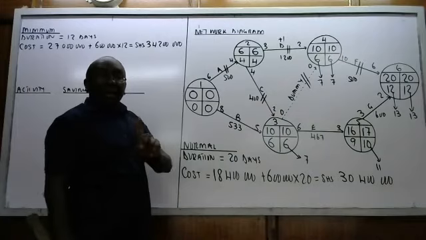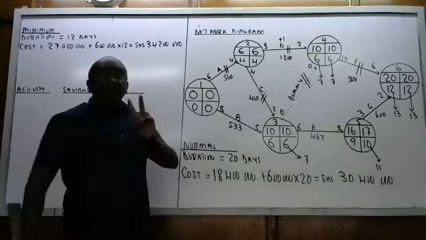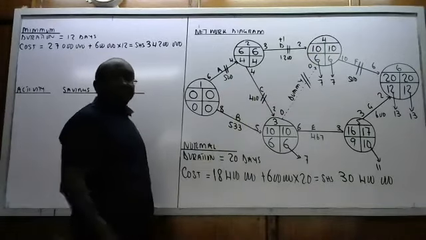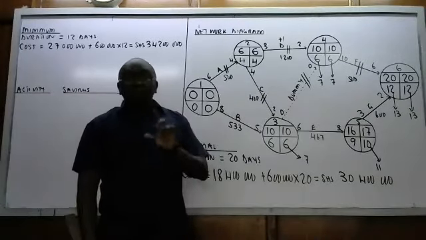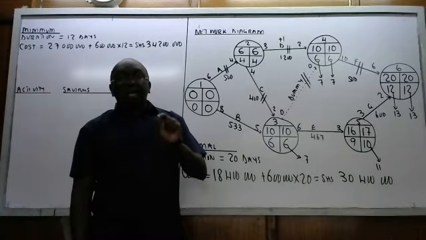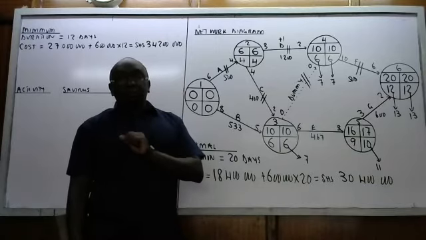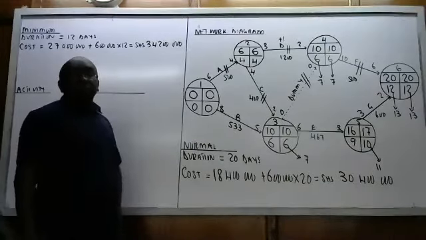Between number 1 and number 4, we have 2 non-criticals: B and C. I told you when you have more than 1, you begin with the one that has a higher slope. So we are going to begin with B.